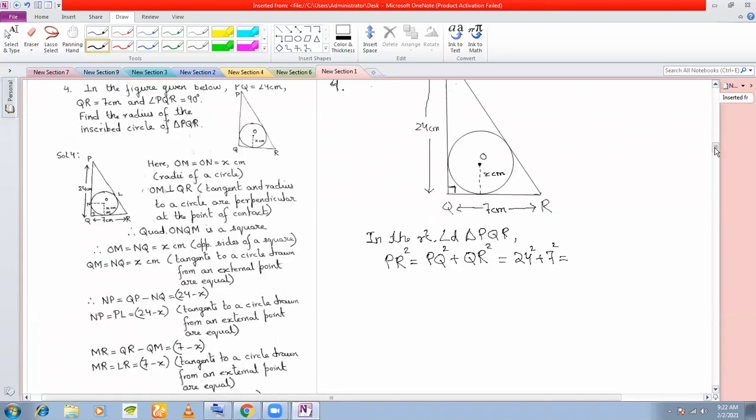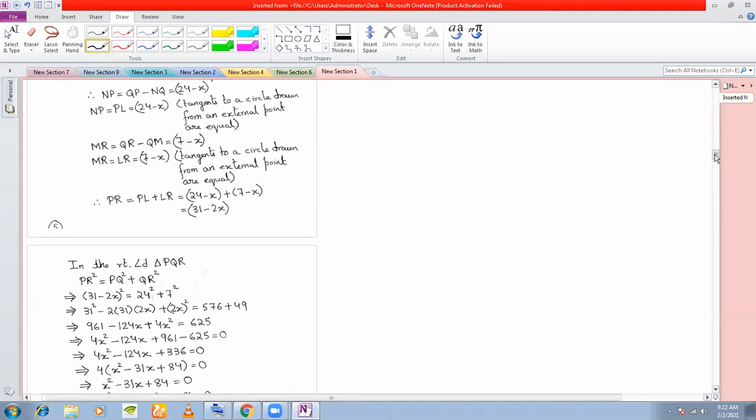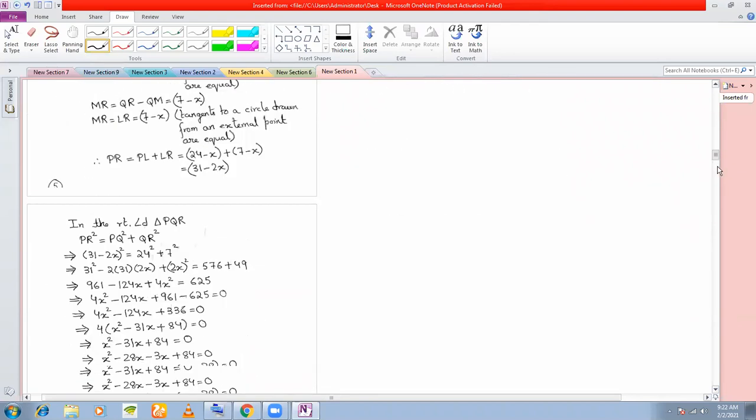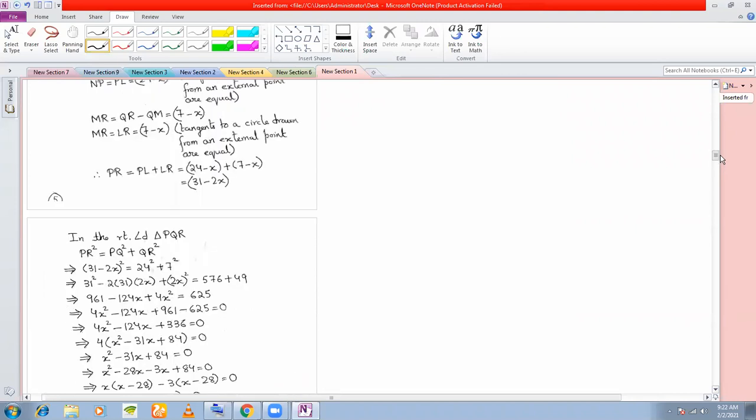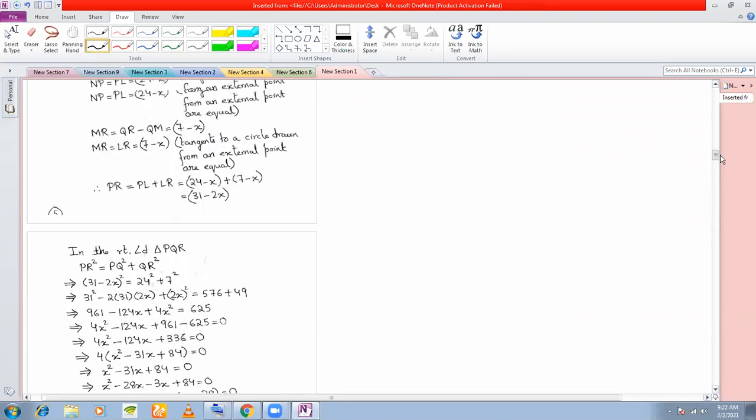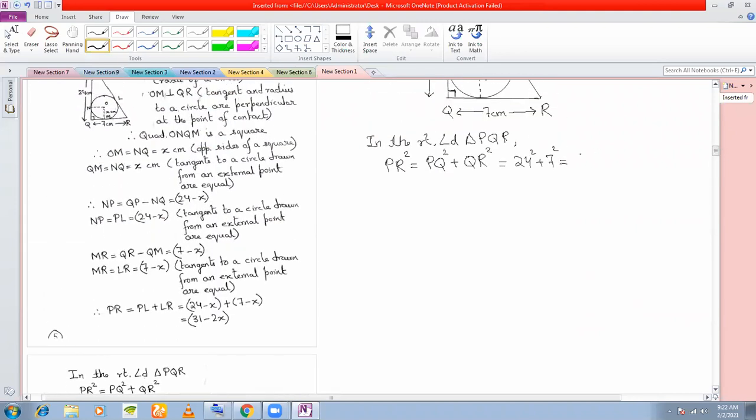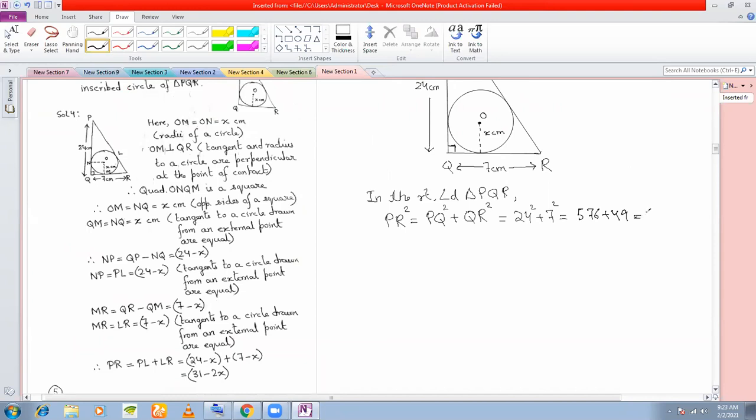The 24 square is 576, I think. Sir, 25 square. Yes, 24 square will be 576. 576 plus 49. Okay. So this will be 625. So that means PR is the square root of 625, which is 25 centimeters. So we've got the value of PR, the hypotenuse.